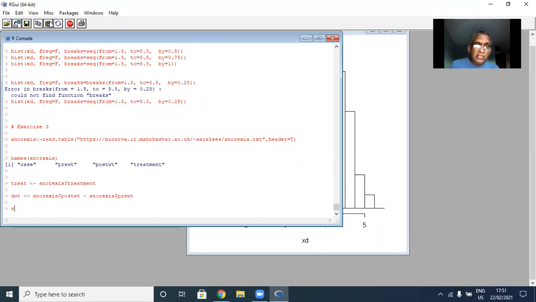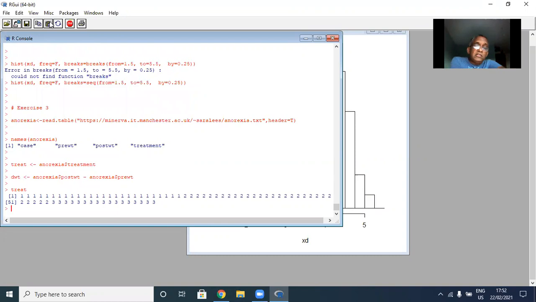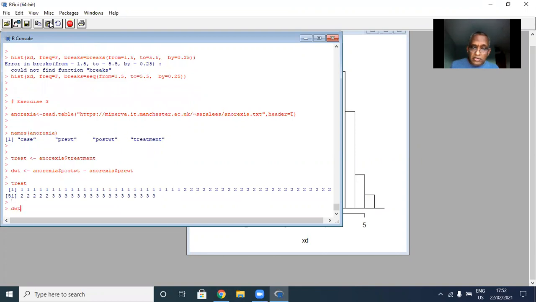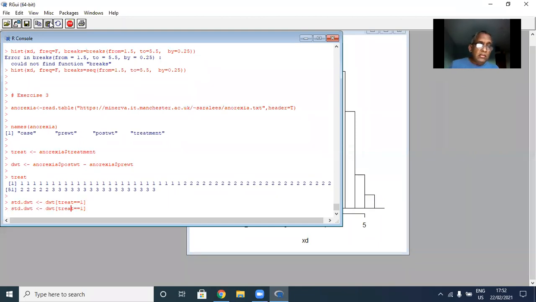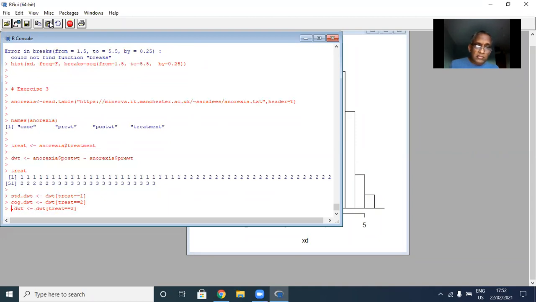Now, for DWT, you should look at treat. Treat has 3 different treatment levels, 3 different treatments, 1, 2, or 3, right? Now I'm gonna take the differences corresponding to each of the 3 different levels. So let me call this standard when treatment is 1, and let this denote when treatment is 2, and let this denote the differences when treatment is 3.